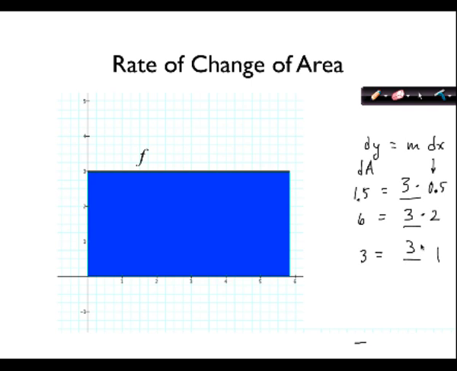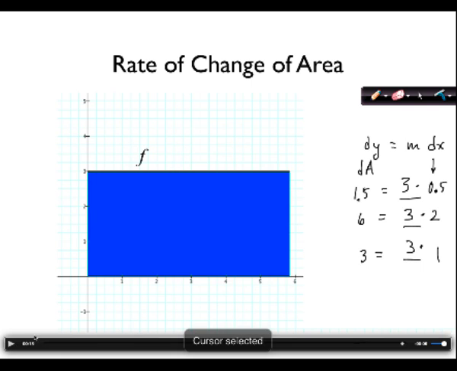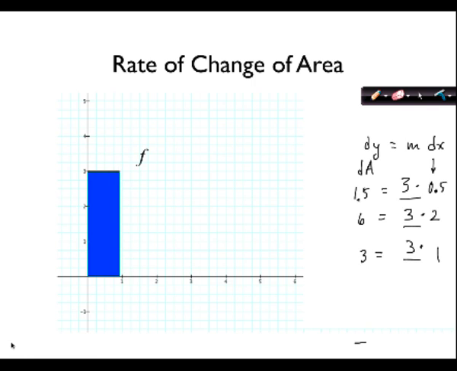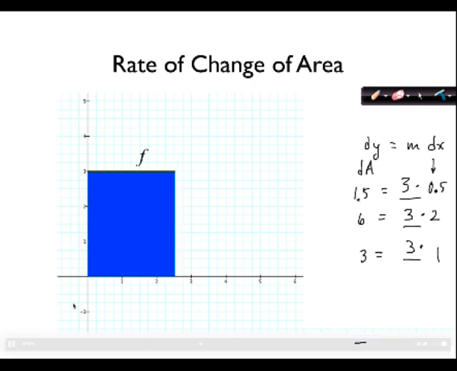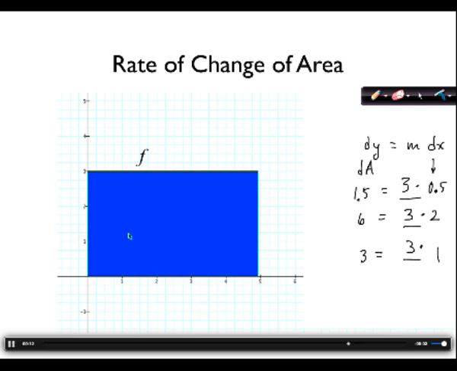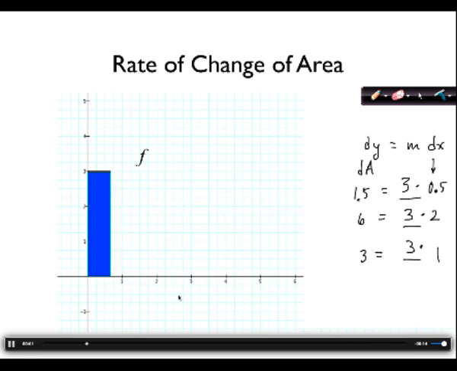Okay, so when I start this animation up, where do you see the variation in the region, in the area? Where is it varying? Down here? Over here? Right, well, okay, yes, but where?